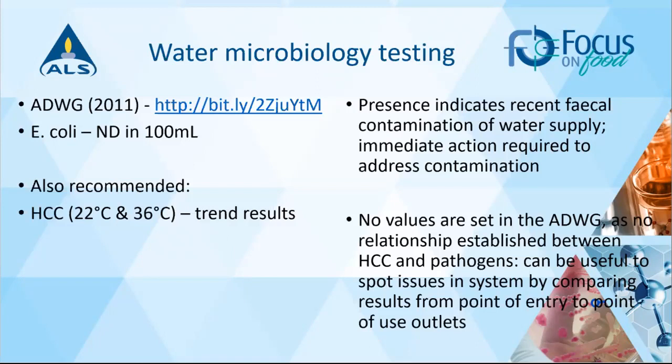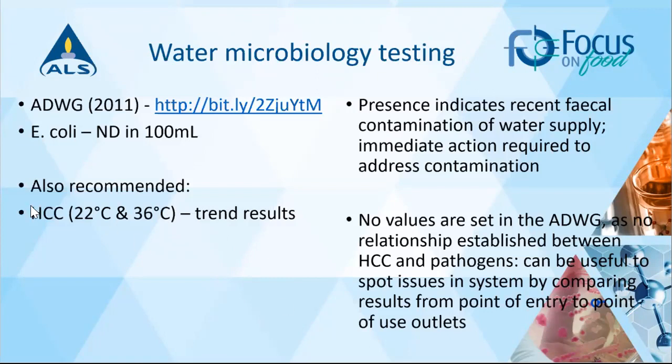But we also recommend regular testing of the water supply for HCC, which is heterotrophic colony count, or heterotrophic plate count, sometimes called HPC, and you trend your results over time to determine the ongoing quality of the water supply.